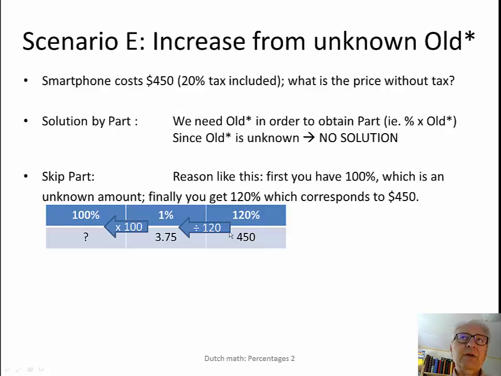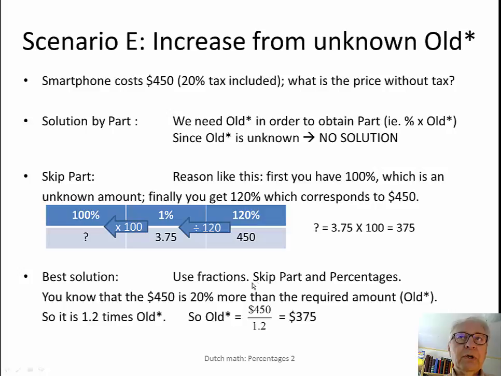You work back, you say 120% divided by 120 gives 1%, and 450 divided by the same number gives this. Then you multiply it by 100 in order to get the original value, which should be subject to the 20% addition.